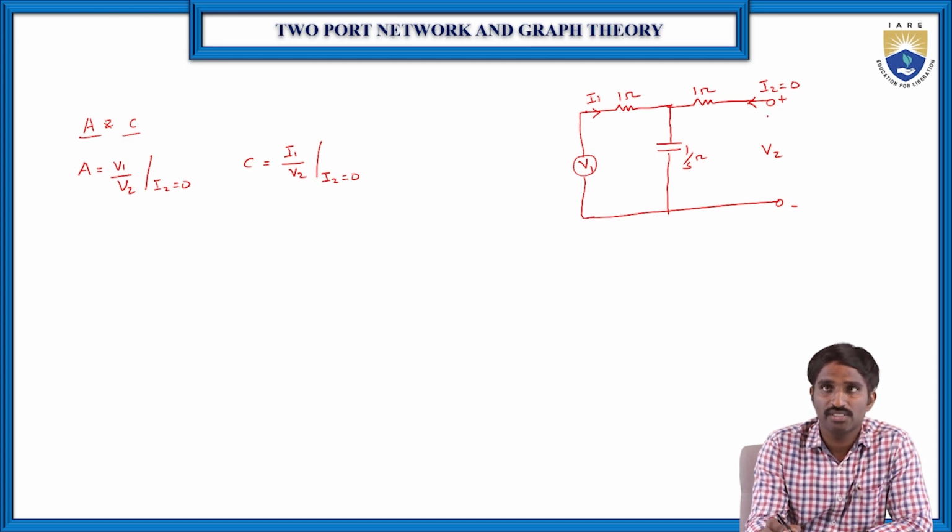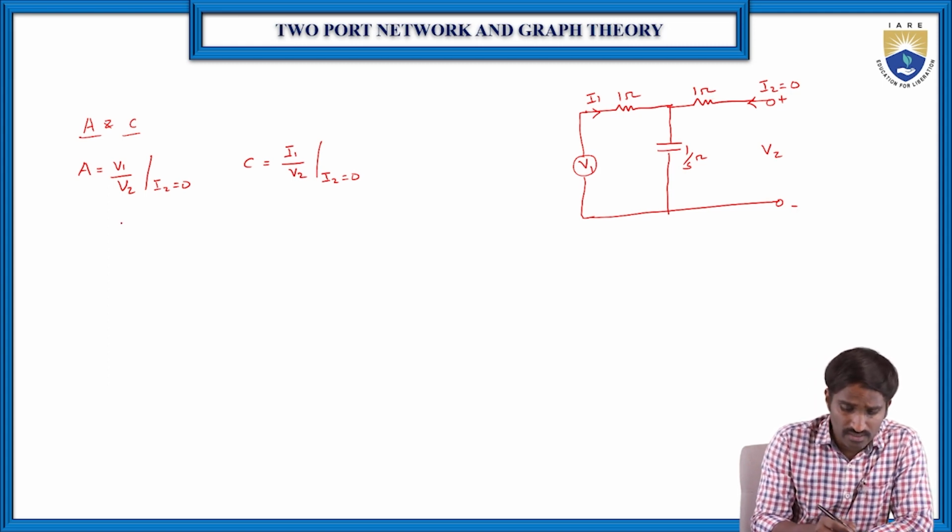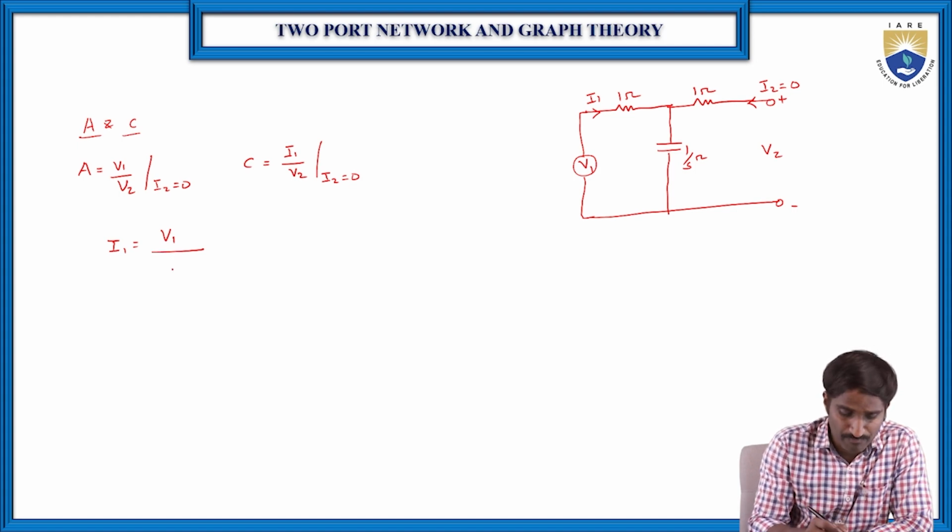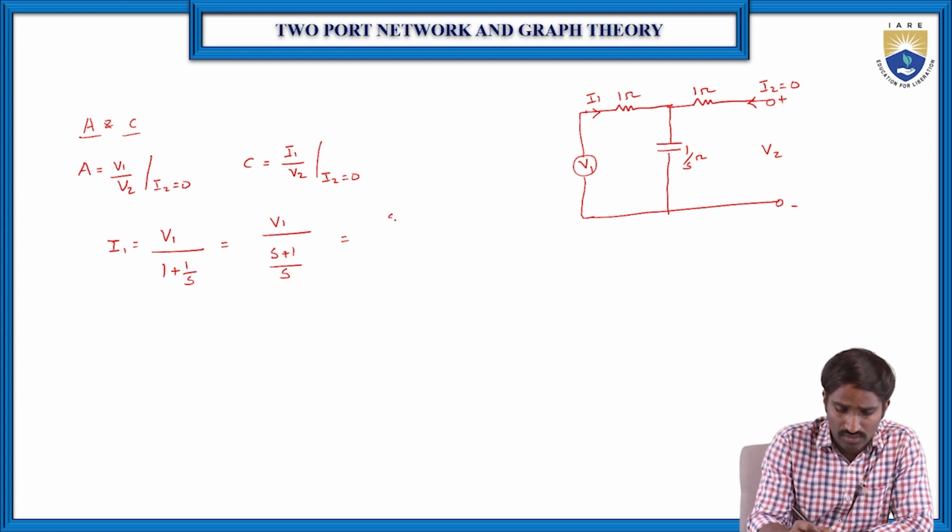Here the 1 ohm resistor is connected to the open circuit, so we can neglect it. Then I1 is equal to V1 by 1 plus 1 by S, since the 1 and the 1 by S are in series. Simplifying this, V1 by (S plus 1) by S, which is equal to S V1 by (S plus 1).